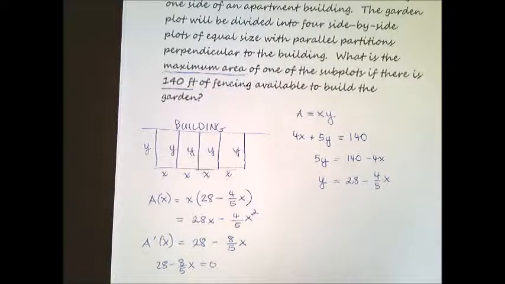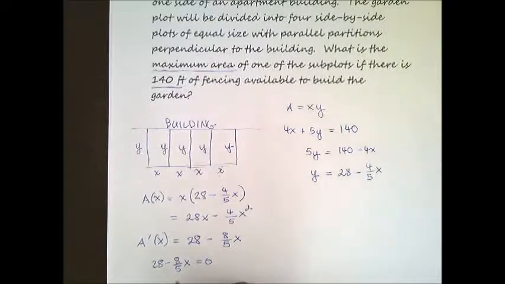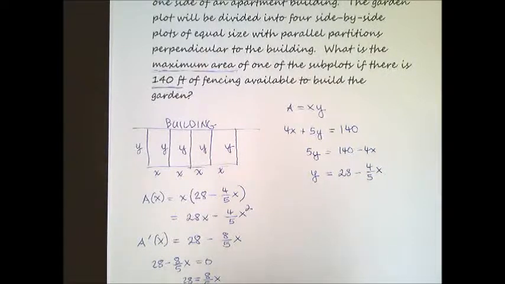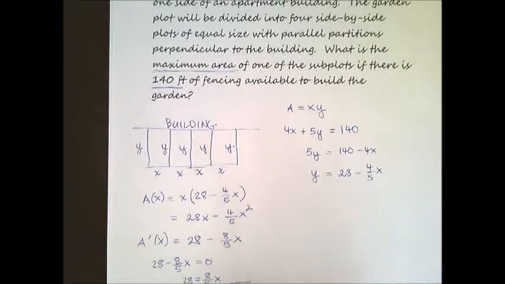It's never undefined since it's a polynomial. So 28 equals 8/5 x. 5/8 times 28 is equal to x. So x is equal to 35 over 2. Okay, so that's my only critical point.